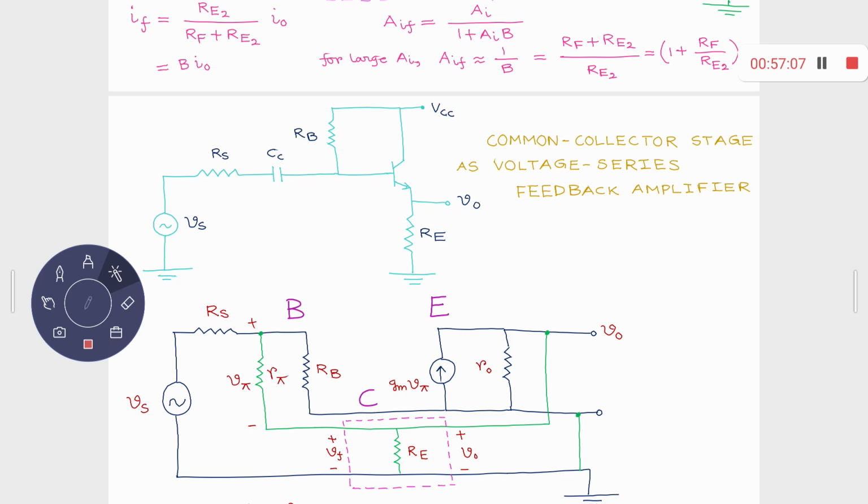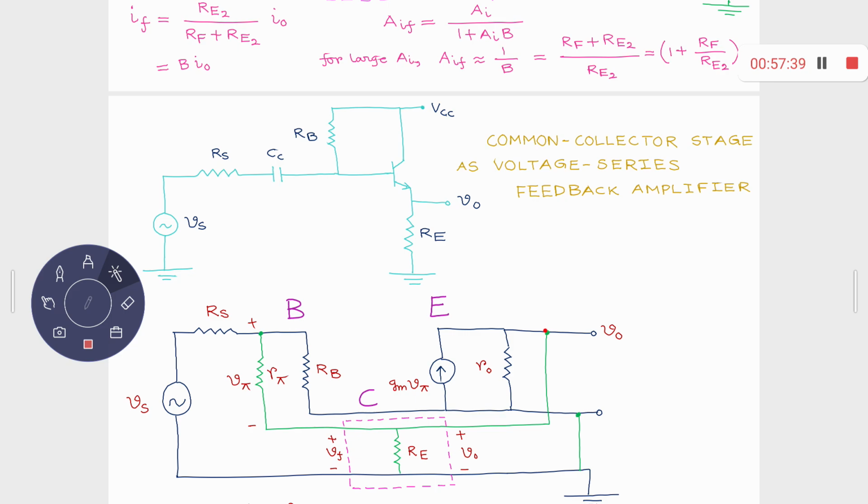Two are left: one is this RE, and the second is your R pi. How is RE connected? RE is connected between emitter and AC ground or DC ground. This hard ground is equivalent to AC ground. So this is connected between E and ground.